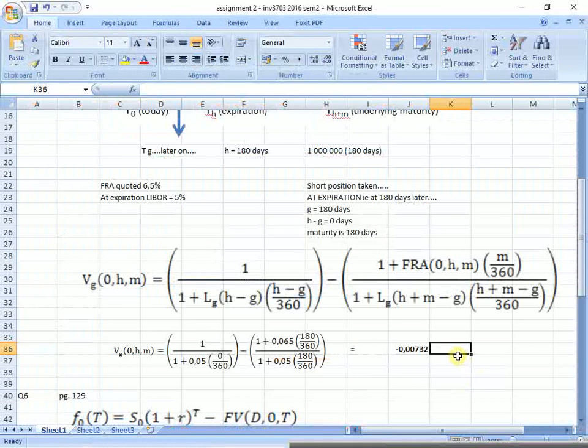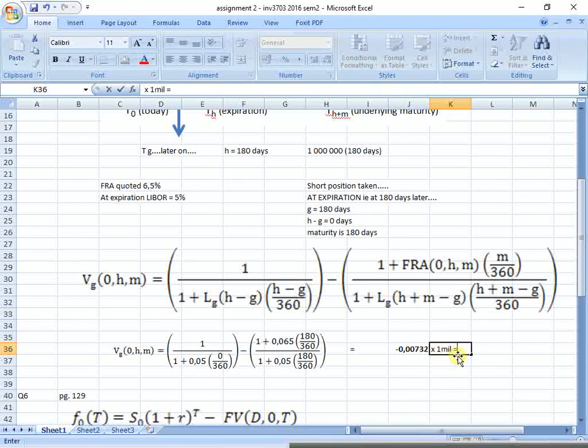If I assume 1 million, multiplying this by 1 million gives me a loss, a negative. So this times 1 million. How many zeros is that? 3, 4, 5, 6. It gives you that. Yeah, a loss, negative.